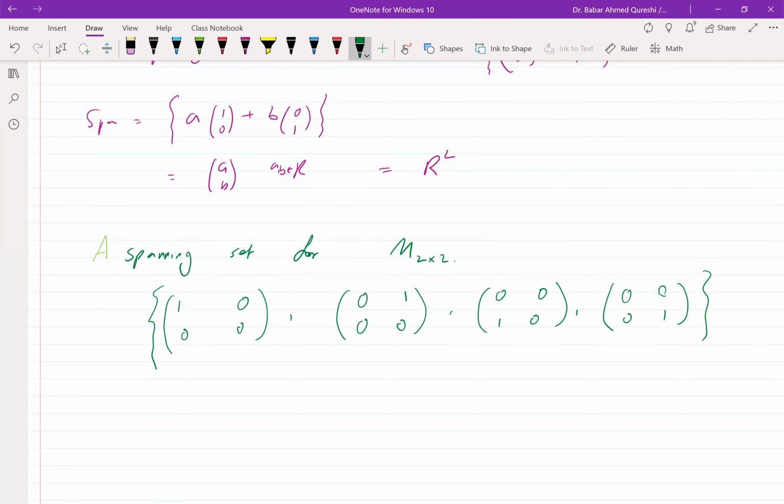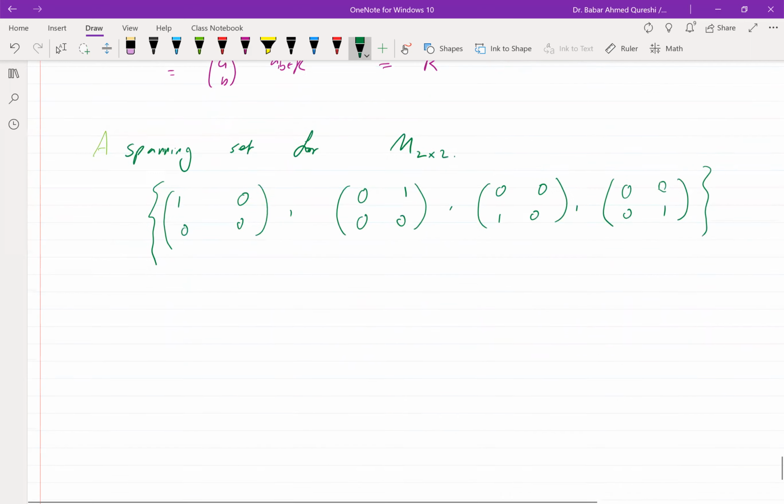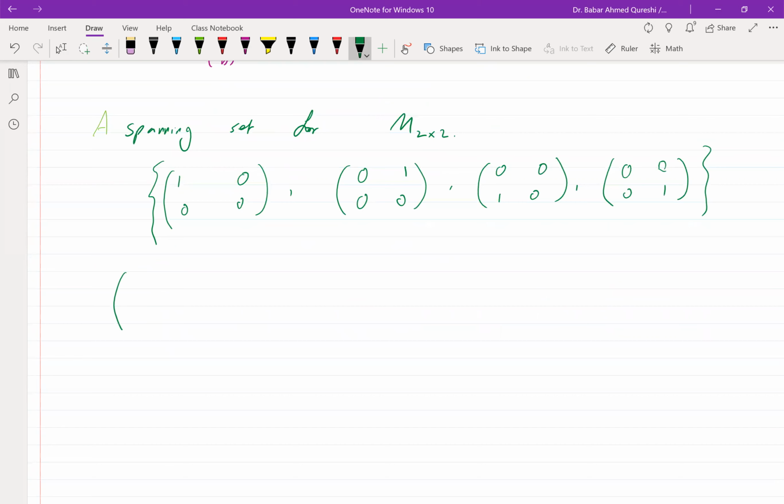This is a spanning set for two-dimensional matrices. Why? Because any arbitrary matrix, with entries A, B, C, D, can be written as a linear combination of these.